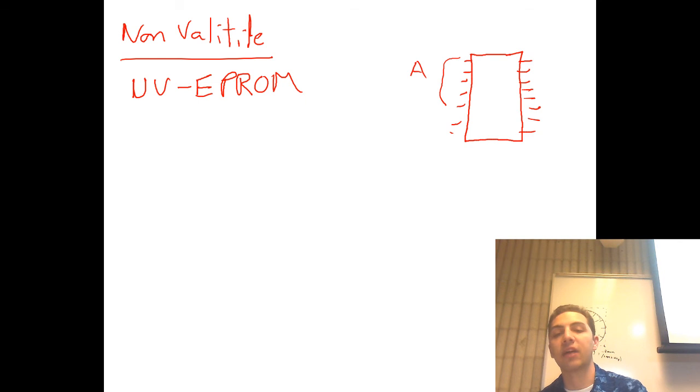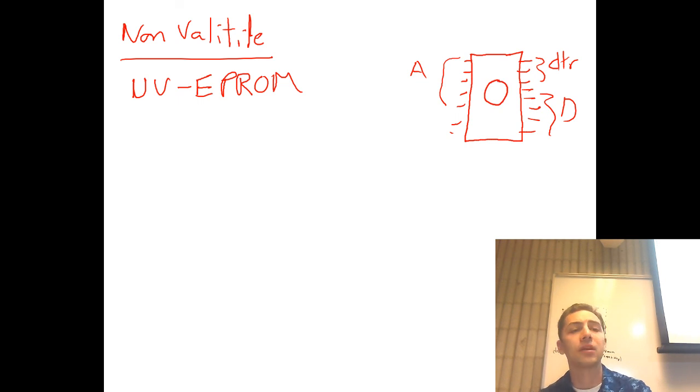These might be address pins, these might be data pins, this might be your control lines. But what was interesting about this chip is it would have a little piece of glass on it. And you could, inside that glass, see a little square of shiny stuff, and that was your actual silicon. So on a chip that was maybe 1.5 inches by 0.3 of an inch, really your silicon only took a very small fraction of that.